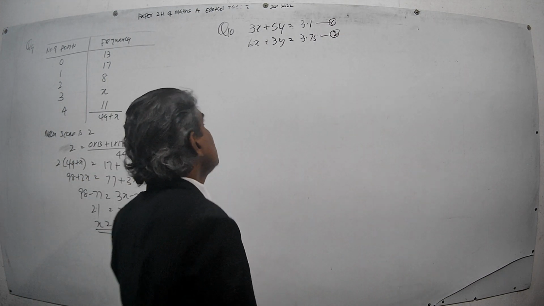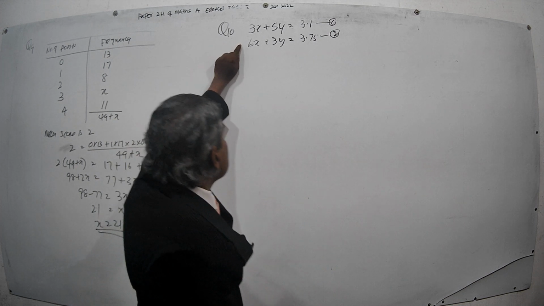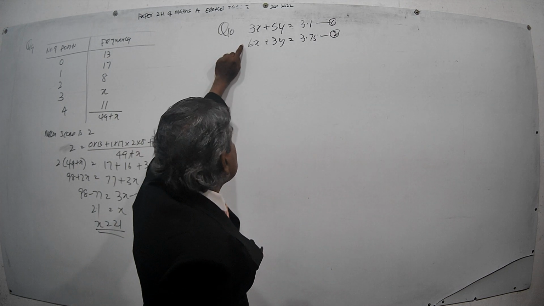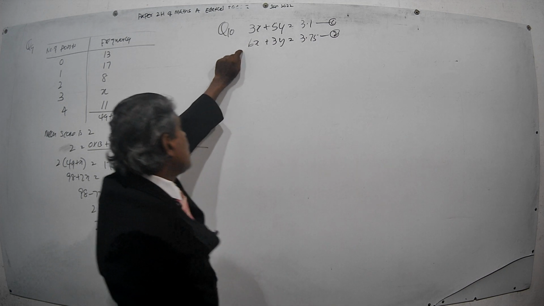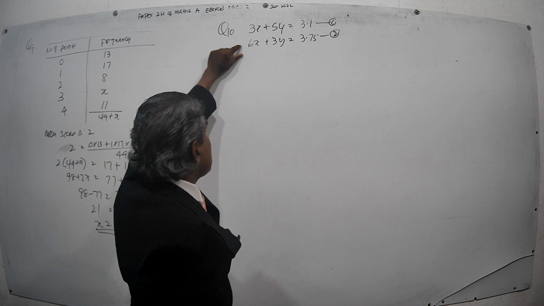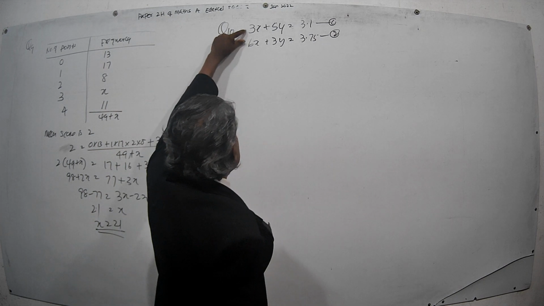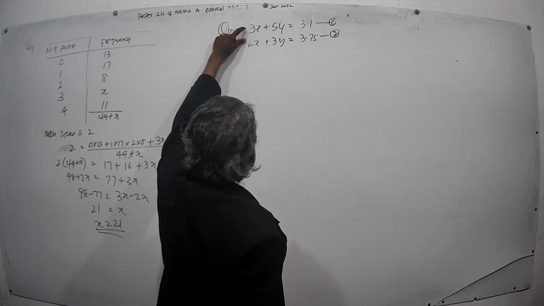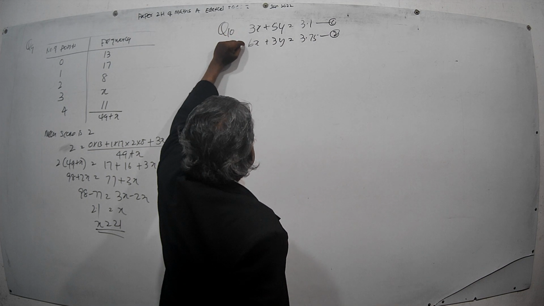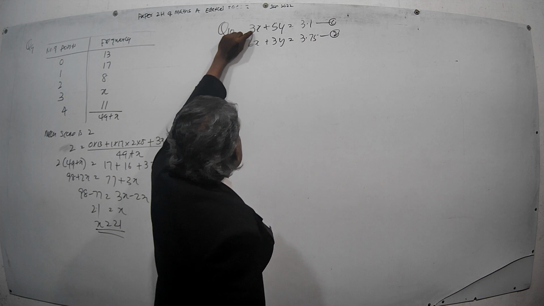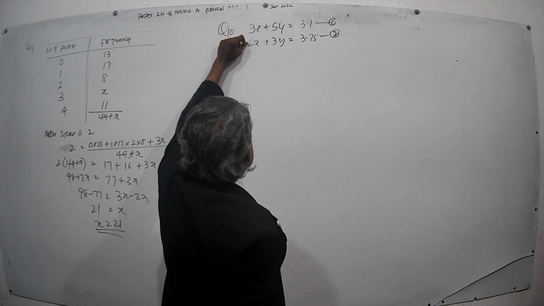Now here there is no variable with coefficient 1, therefore we cannot easily use the substitution method, so we need to go to the elimination method. To use the elimination method, we must have at least one variable in both equations with the same coefficient. We don't have that, but we can convert this coefficient of x into 6.